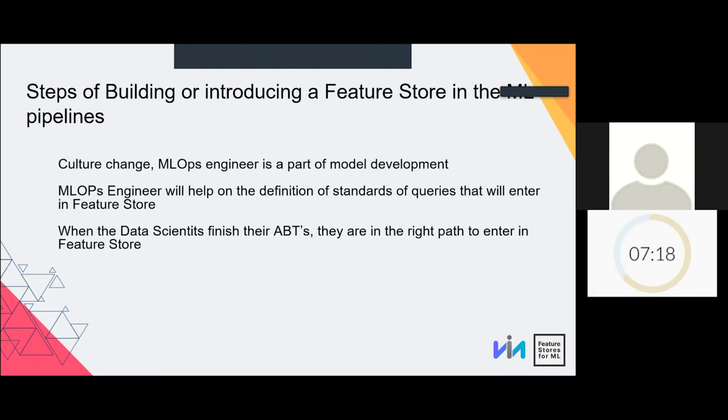So they help to use best practices during the development of queries, looking for better performance too. They are not limited to bringing the right standards to the query for entering the feature store. They work on all the items of the query, including better performance and all the necessary points for a software deploy in the feature store.